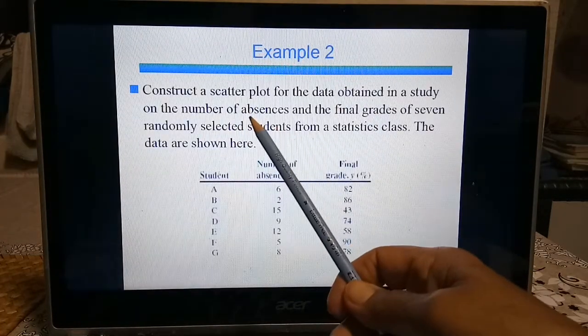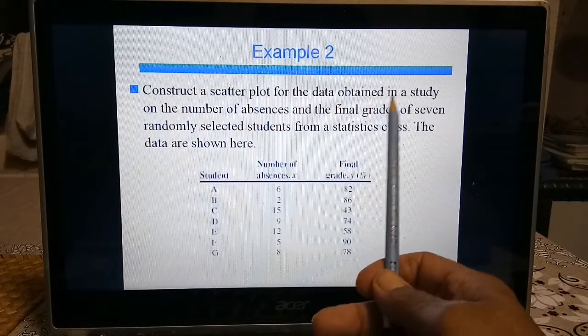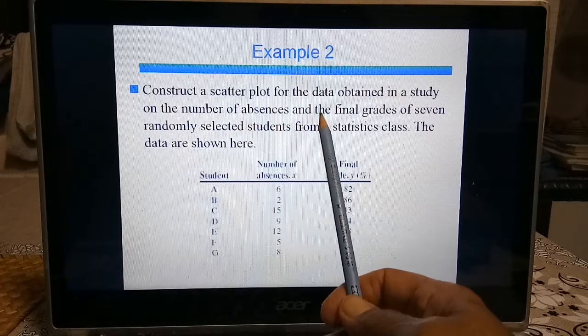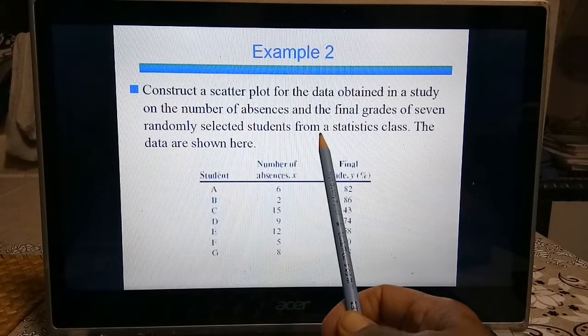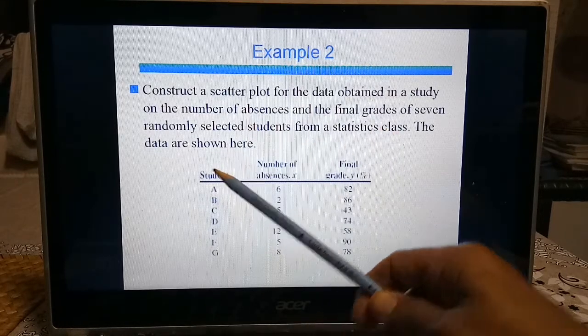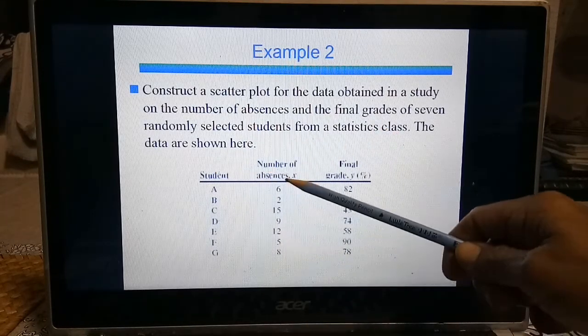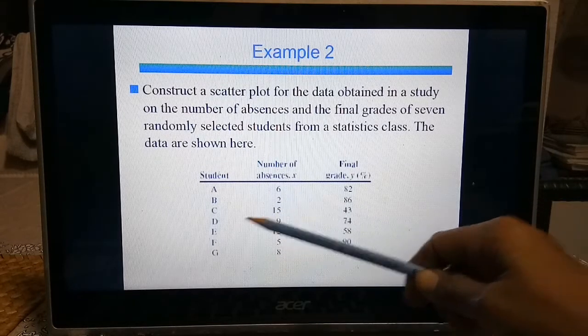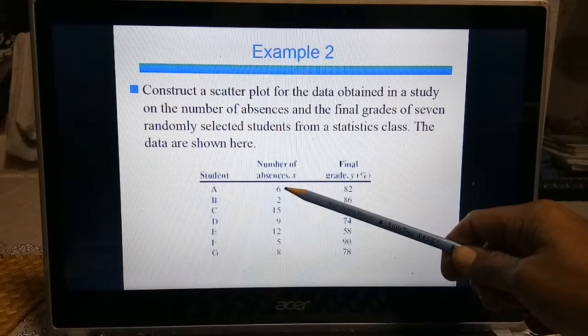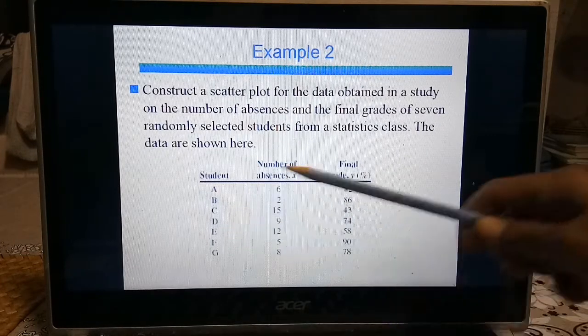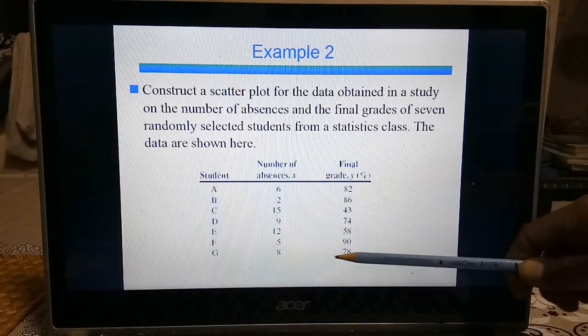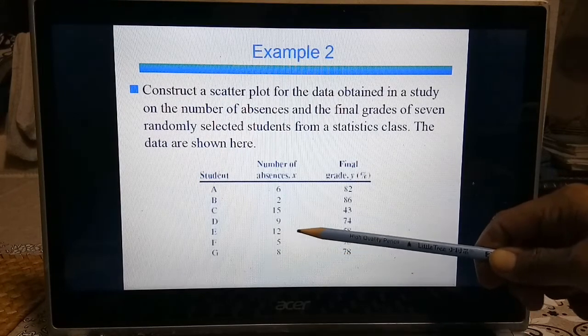Example 2: construct a scatter plot for the data obtained in the study of the number of absences and the final grades of 7 randomly selected students from a statistics class. Okay, number of absences, so bilangan yang gagal hadir bagi setiap student dengan grade yang diperolehi di sini. Okay, sini ada data.